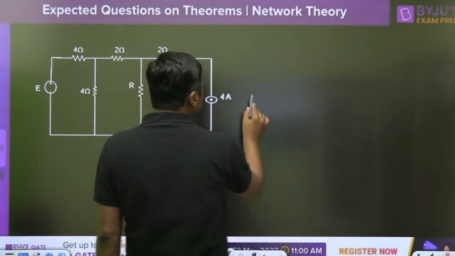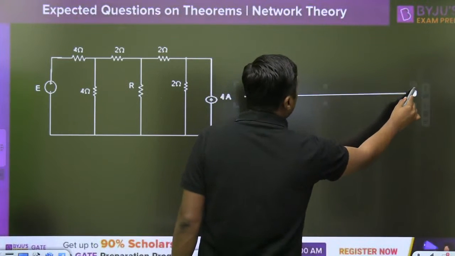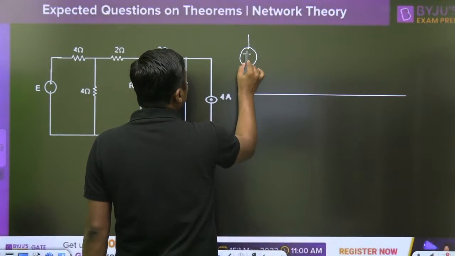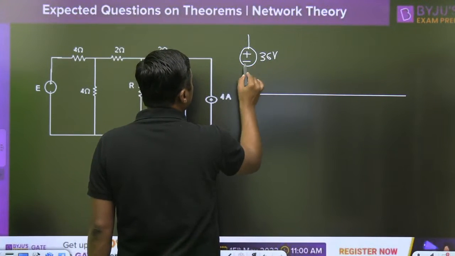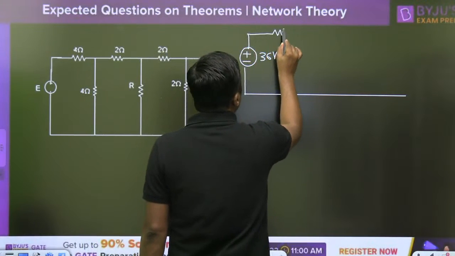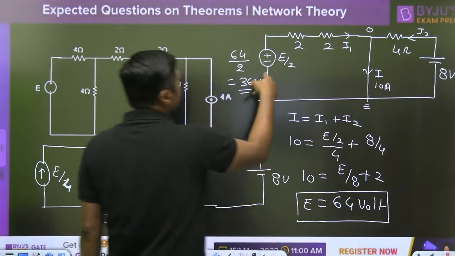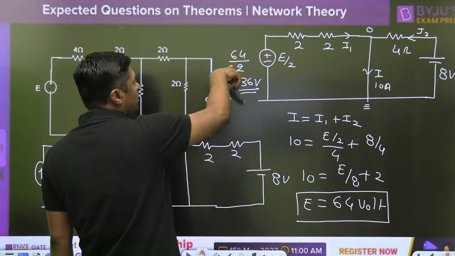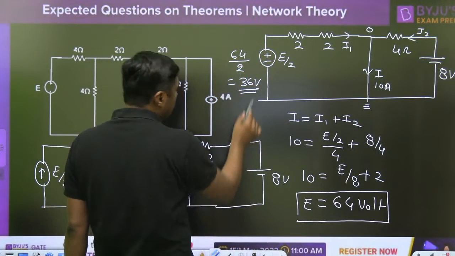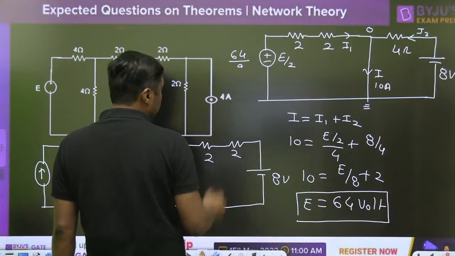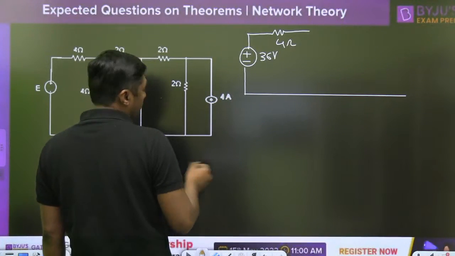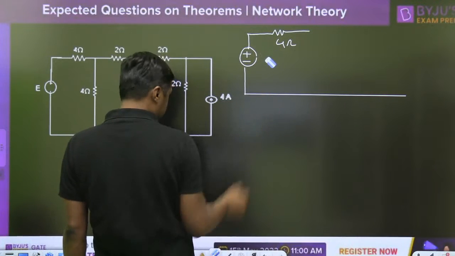That diagram is already reduced. What is the battery here? 36 volt. What is the resistor here? 4 ohm. This we have already solved. No, that is not 64 divided by 2, it is 32 volt. Sorry, this is called a silly mistake. This is the 32 volt.